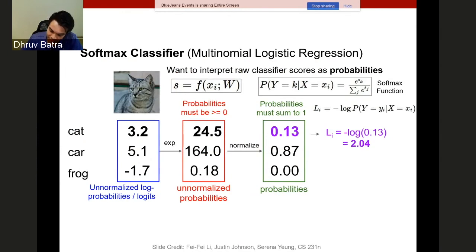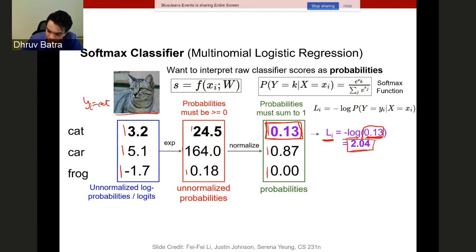So our running example says we have 3.2, 5.1, negative 1.7, giving 24, 164, 0.18, converted into probabilities 0.13, 0.87. The loss we're going to define is negative log 0.13, because that is the probability that our model is assigning to this image, which we know has y sub i equals cat. So we're pulling out the probability of cat and taking the negative log probability of that.